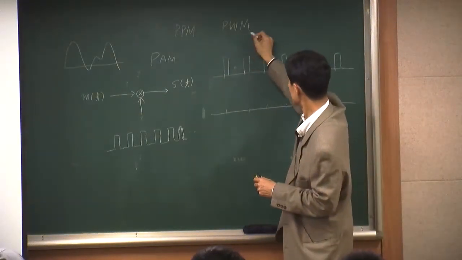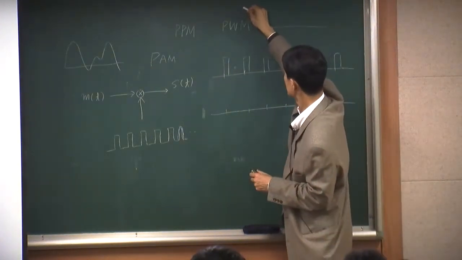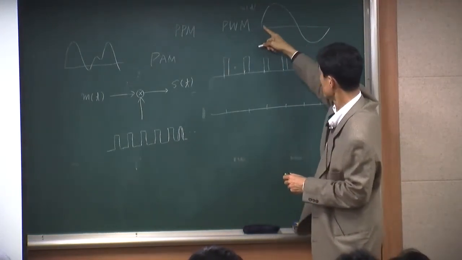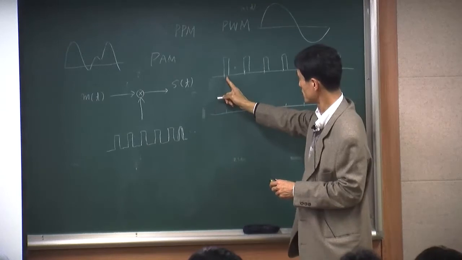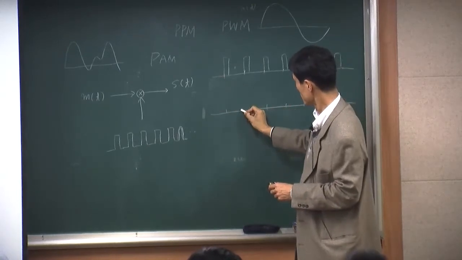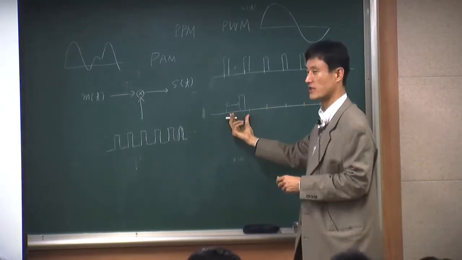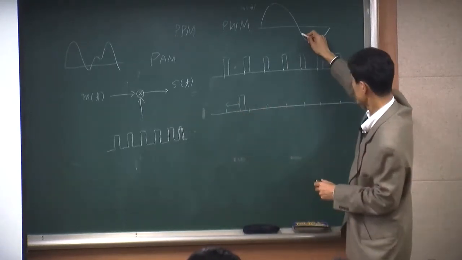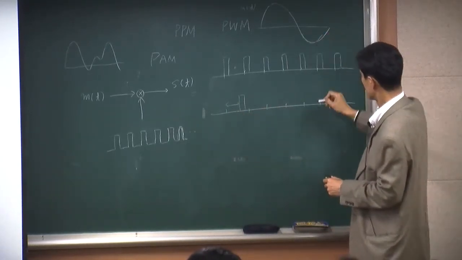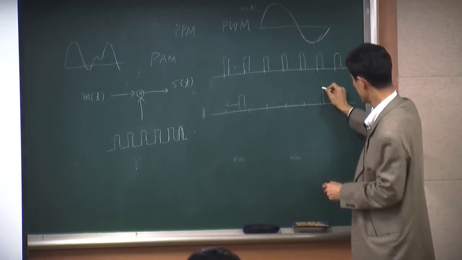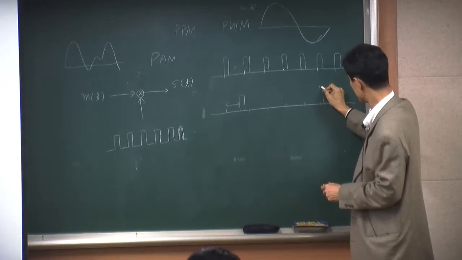Let's say your original m(t), your message goes up and goes down. When the message goes up, now the position of the pulse is getting delayed, large delay. And when the message goes low, okay, message value goes low, the pulse will be delayed only a little bit.